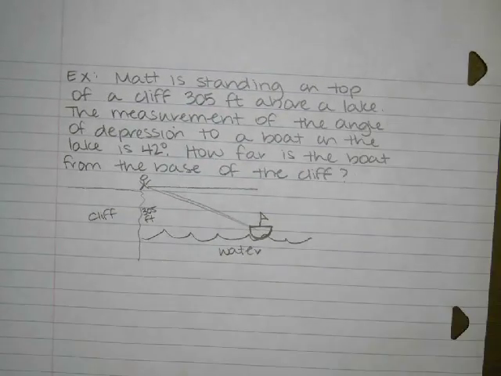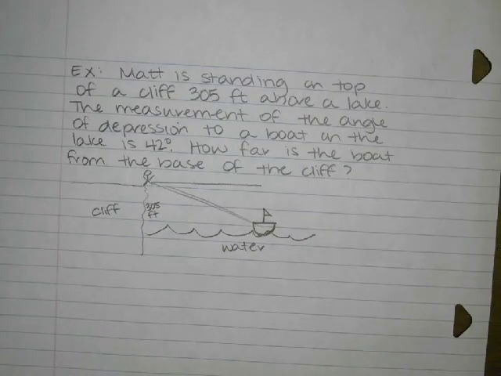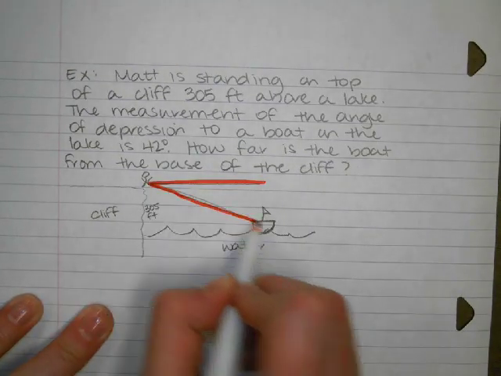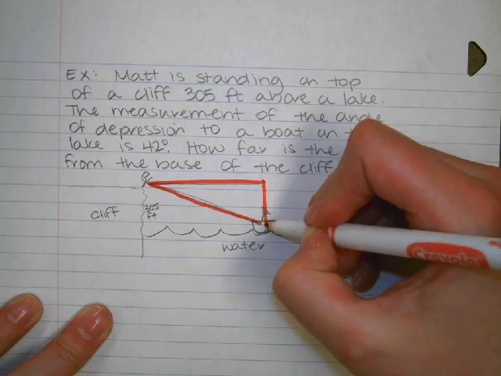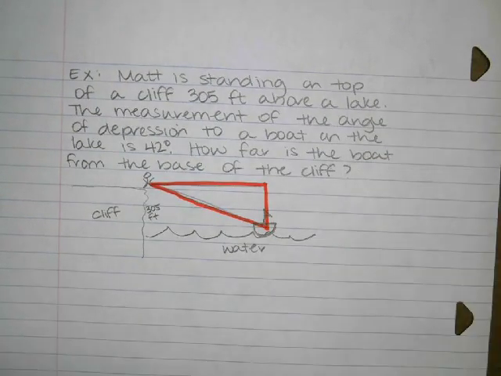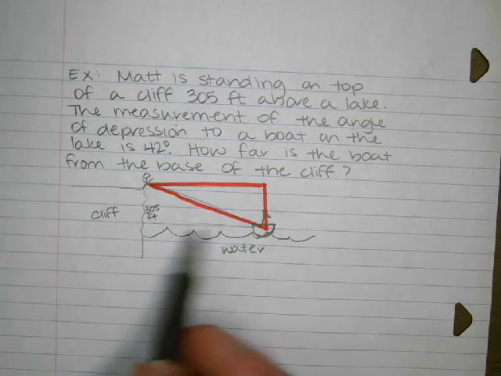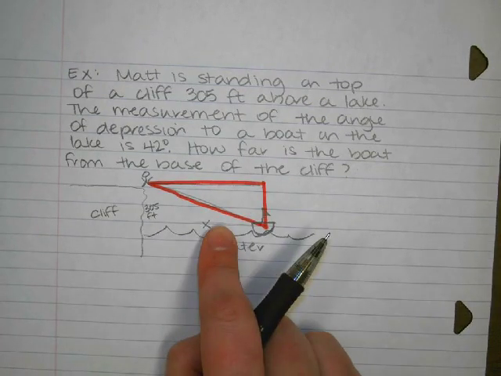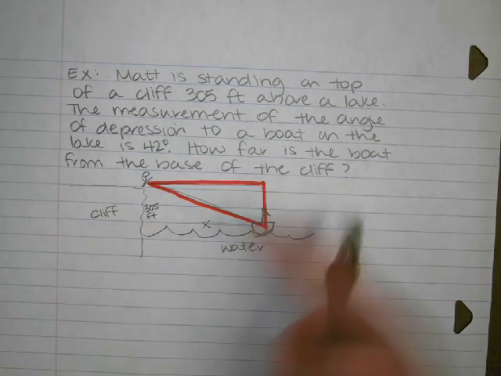All right, so what we're going to do is we're going to figure out the triangle that we're dealing with here. So we have straight out and down. So that means this is the triangle. And it says how far is the boat from the base of the cliff. And so this measurement right here is what we're trying to find. But you'll notice that these measurements that I have are not on my triangle. So I need to go ahead and label them.